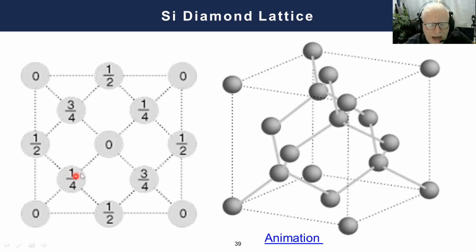This atom has 4 bonds, 1, 2, 3, and 4. So the outermost energy level of this atom has 4 electrons. Each neighbor atom, we call it a direct neighbor atom, will share 1 electron. Then we have this covalent bond, and then this silicon atom can be in the steady state.